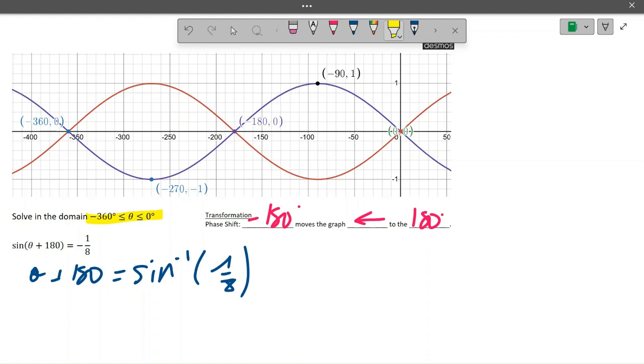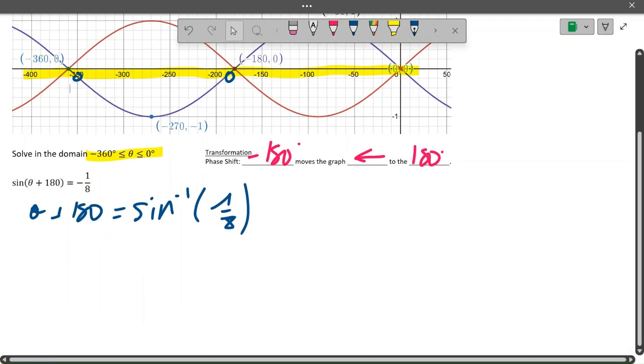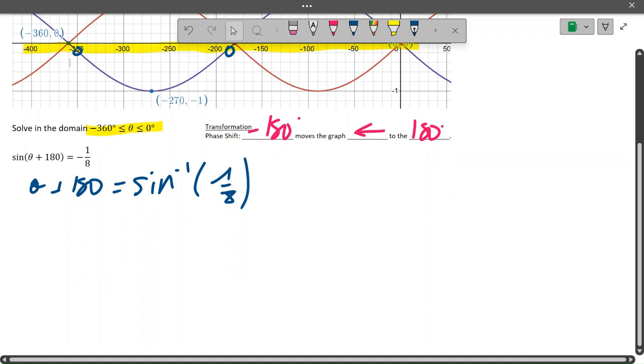It's going to be like here in this area. Okay, maybe I should have used a pen instead of a highlighter because that's a really thick line. We're looking again at the blue graph. That's our transformed graph, whereas our red graph is our regular sine wave. So I see that I have two solutions. I've got one here and one about there. So we're looking for two solutions. And that yellow line represents y equals negative 1/8, in case you're wondering where I got that from.